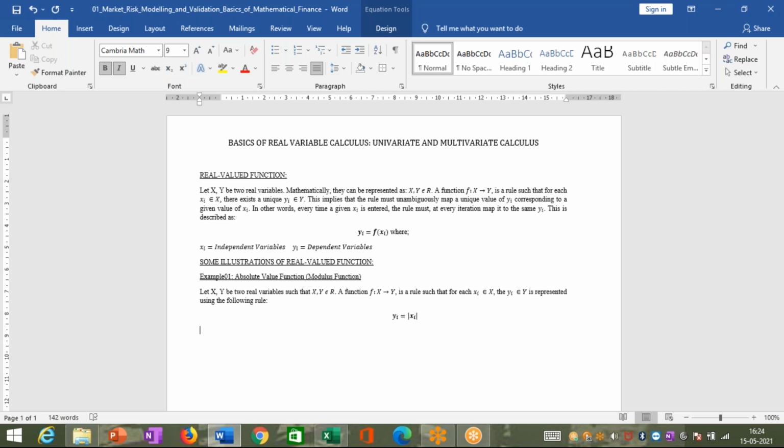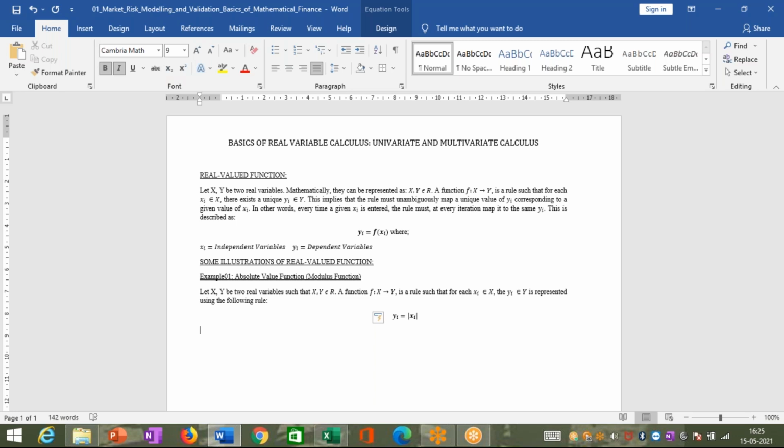Let's say I want to find out the price of an asset, so I'm trying to assess the price of an asset. So whenever I am trying to find out any absolute figures or absolute value, that is where I always use this function.